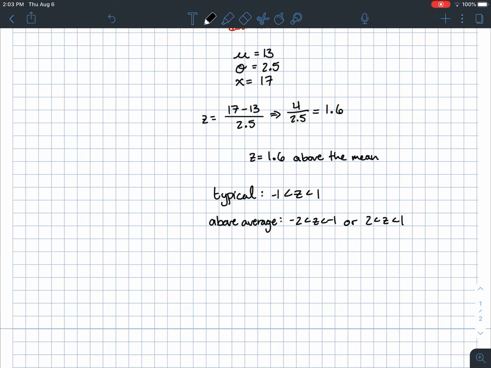We're in that next zone. And then we'll say highly unlikely or really rare is when the z-score is less than -2, or the z-score is greater than 2. I messed that up. There we go.